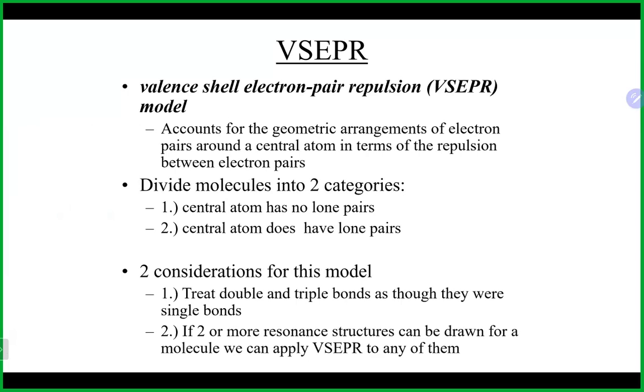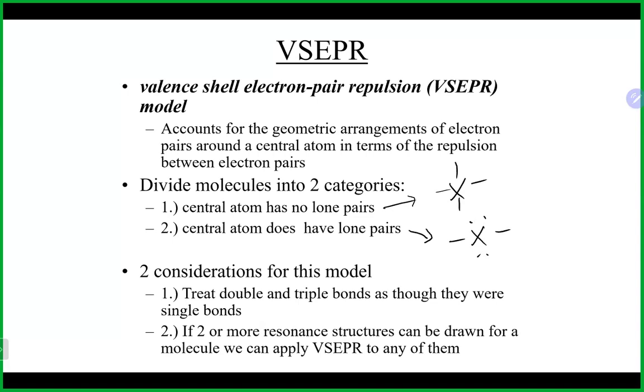When we do geometry, it's again about the central atom, and it's really broken up into 2 categories. One is where there are no non-bonding electrons or lone pairs on the central atom. So basically, if you drew your central atom, there are no dots around it. And the other is where they do have non-bonding electrons or lone pairs, where you drew the central atom and you end up with some dots around it.